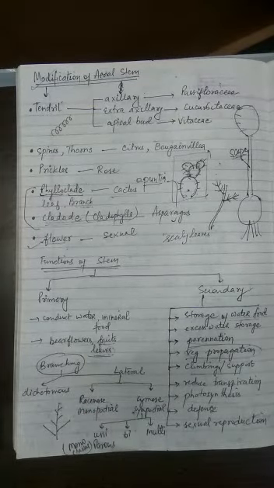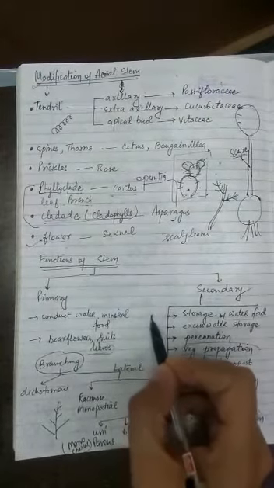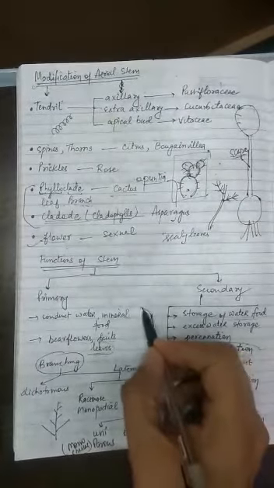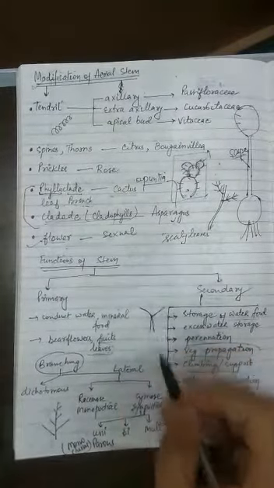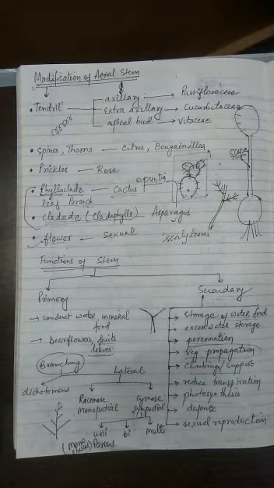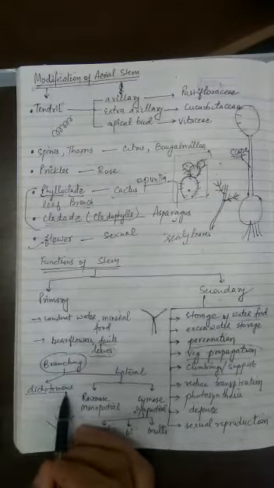Now dichotomous means what? The tip of the shoot system will divide into two equal halves, and each will grow into branches. So this type of branching is called as dichotomous. If you break this word, dicho means two and tomi means cut.